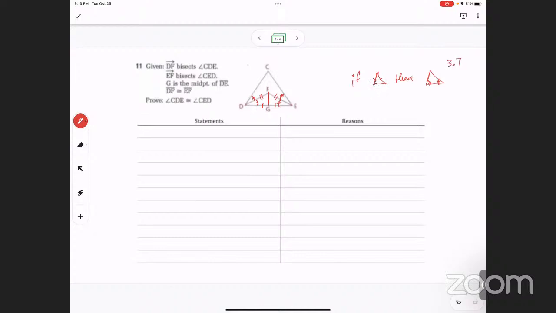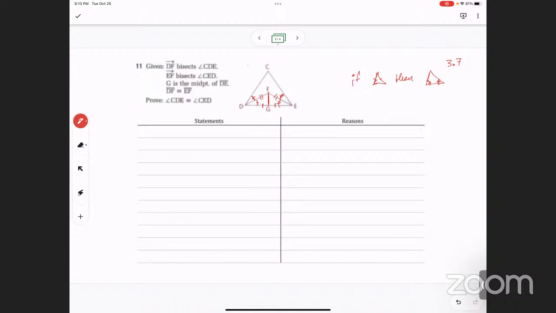We've only gotten to 3.4. You haven't even gotten to chapter 4 yet? We're on 3.4. But you haven't done if sides then angles or if angles then sides yet. No. Okay. So let's see.